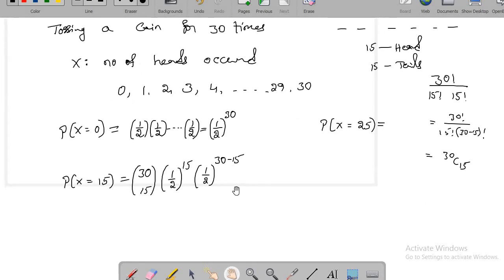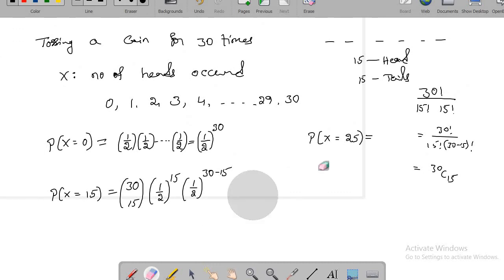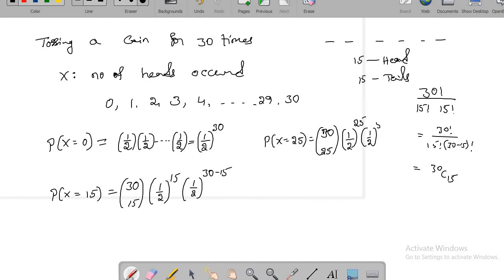So this is the chance that you are going to get 15 heads. Similarly, for 25 heads, the probability that x is equal to 25, you just need to select the 25 places where you want success, into 1 by 2 power 25, and the rest of them are failures. Of course, you can directly write 1 by 2 power 30, no issue.